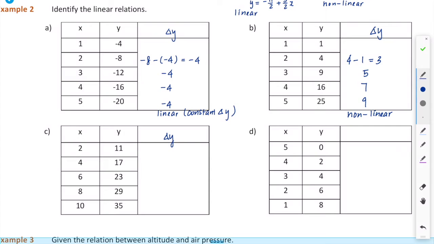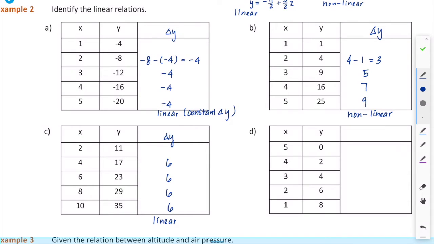Question C. The x column is going up by 2, 4, 6, 8, 10. So they're still going up by a regular interval, so that's fine. And then delta y is 17 minus 11, 6, 23 minus 17, 6, 6, 6. Okay, so constant again, these are linear.